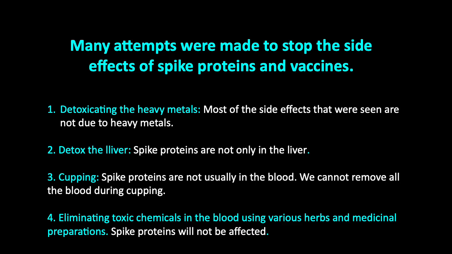Eliminating toxic chemicals in the blood using various herbs and medicinal preparations are widely available. But spike proteins will not be affected significantly or even clearly by these methods. You cannot explain how it does, and it may not be successful. Okay, the spike proteins are still there.